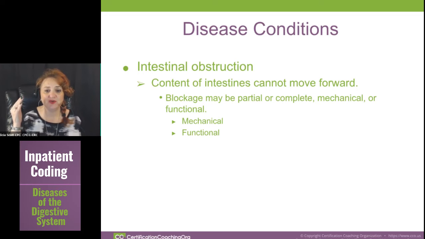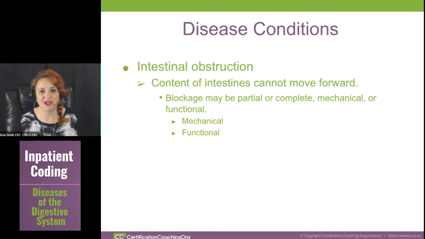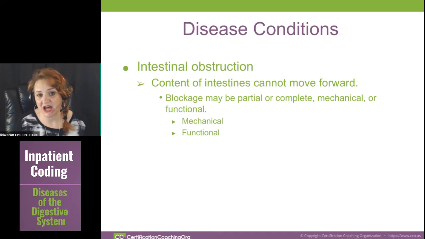So if you have an obstruction in a creek and a tree falls over, what happens? It overflows its banks. And if that happens in your body, it is going to cause pain, and can even cause infection. So ultimately, you can have more than one type of blockage: partial, complete, mechanical, or functional.